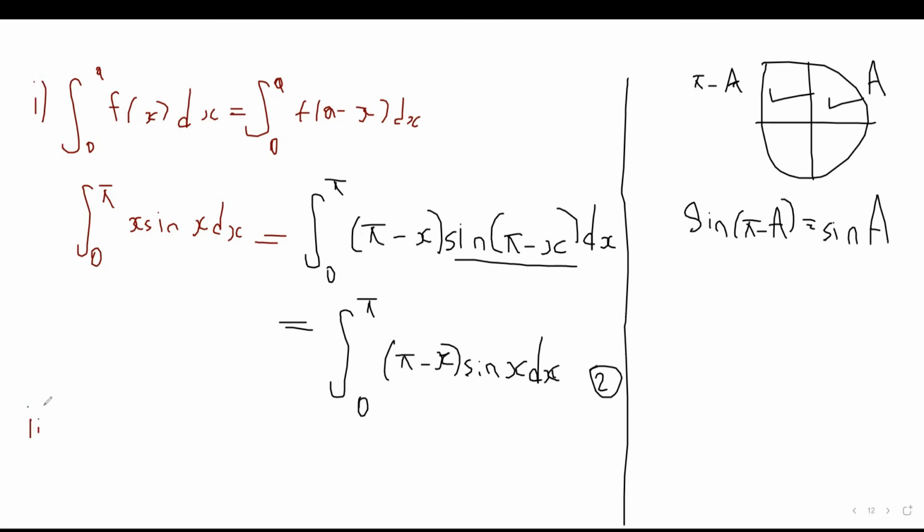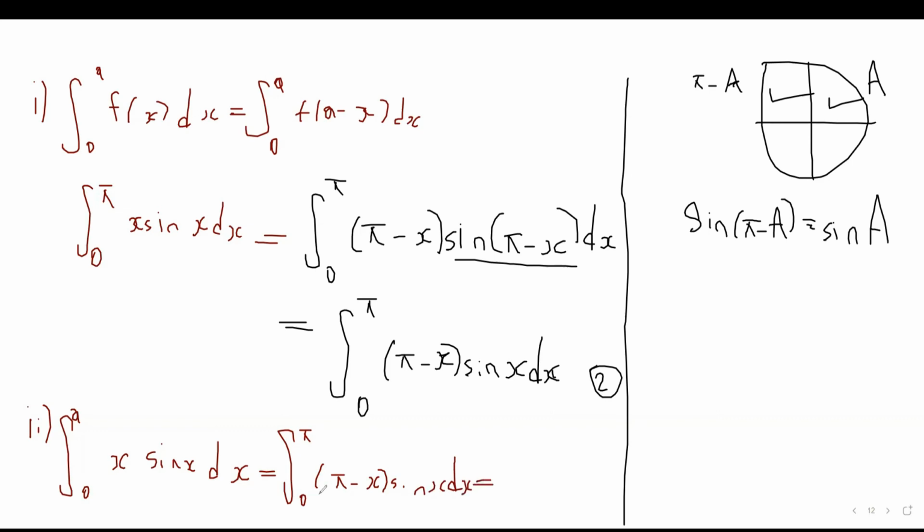All we have to do now is say part 2, the integral from 0 to pi of x sine x dx. We know it's equal to this, the integral from 0 to pi of pi minus x sine x dx. That's where we start now. Then all we have to do, Marika, is expand the bracket.